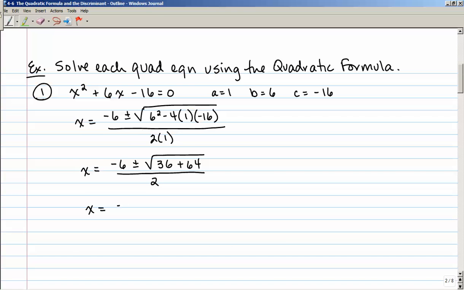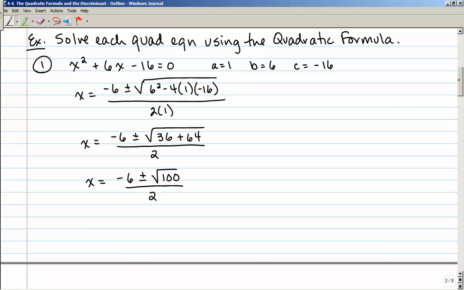Or x equals negative 6 plus or minus the square root of 100 over 2.